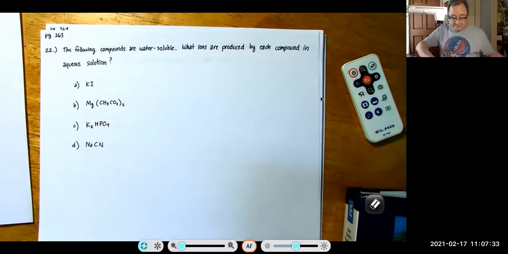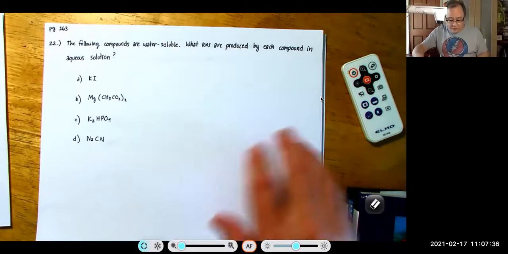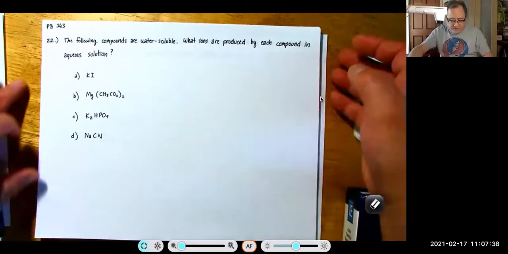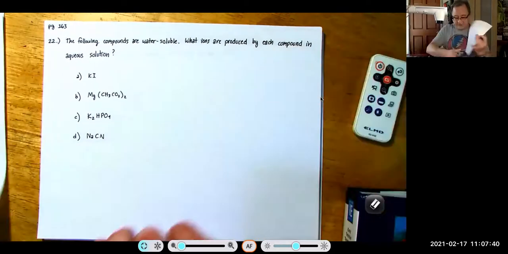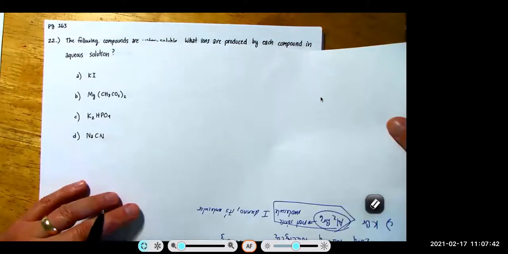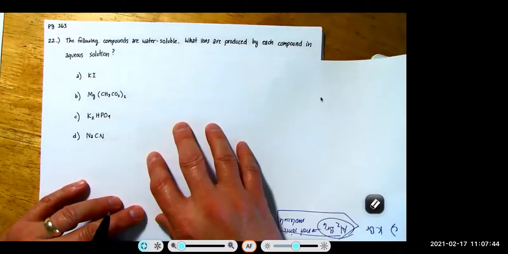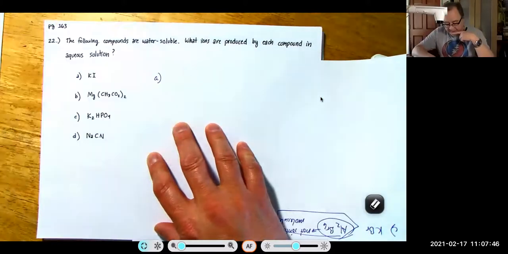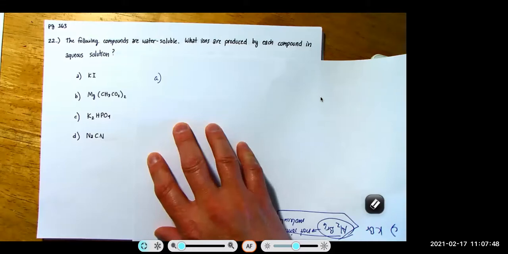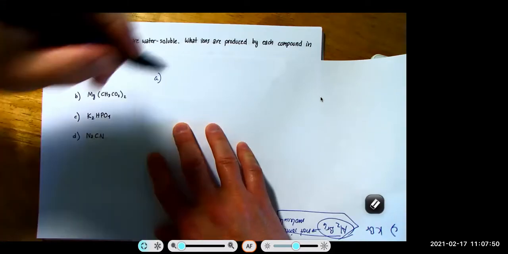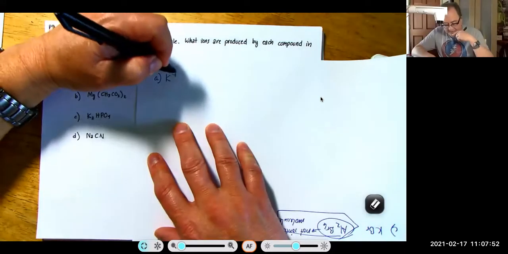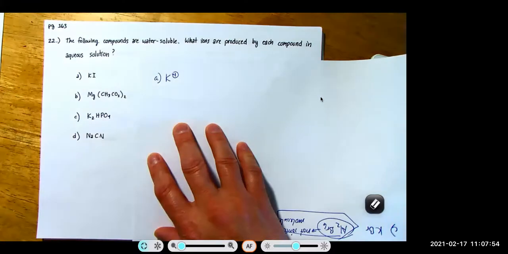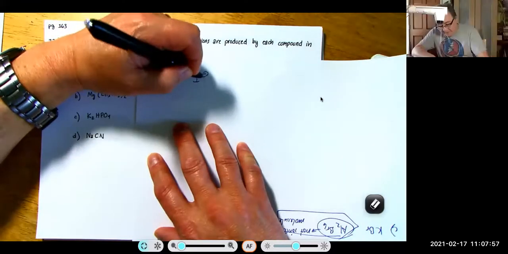How about this one? Which of the following compounds are water soluble? And what are the ions? Well, I think A is water soluble because of potassium. Okay, so what are the ions? K plus, and I minus. That's right. How about B?